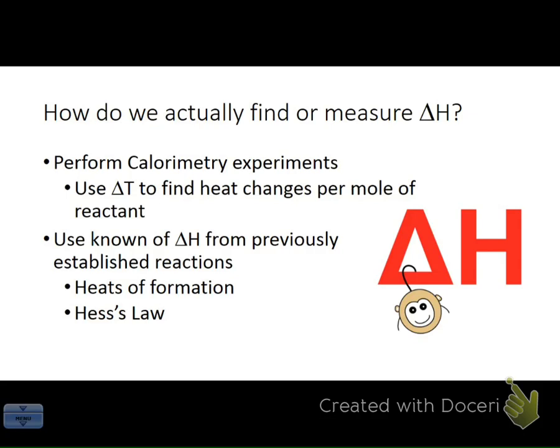And we can use delta T, change in temperature values, along with our equation, Q equals MC delta T, to find enthalpy changes. So we could actually measure it. That's one way. But some reactions are very difficult to measure changes in temperature. There's lots of examples of that.